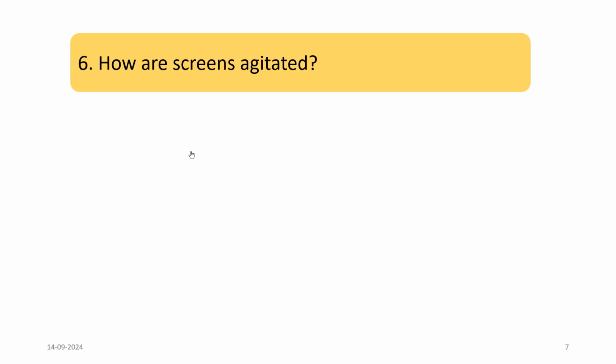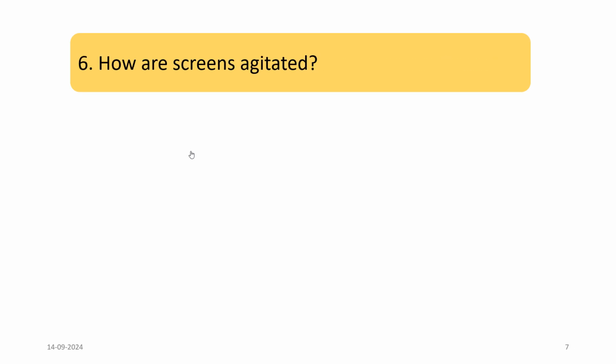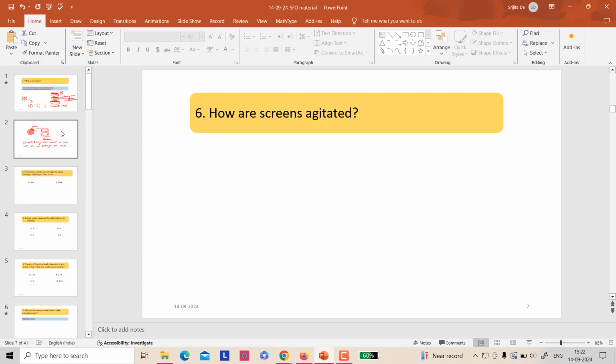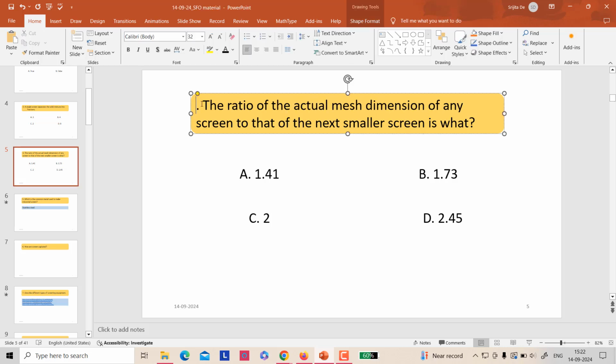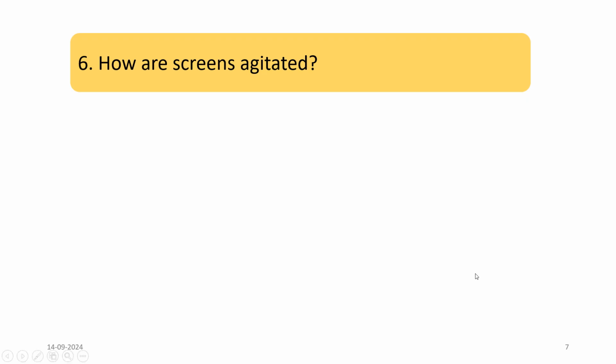Next question. How are screens agitated? Shaking, grinding, vibrating. Mechanically, electrically, anything.